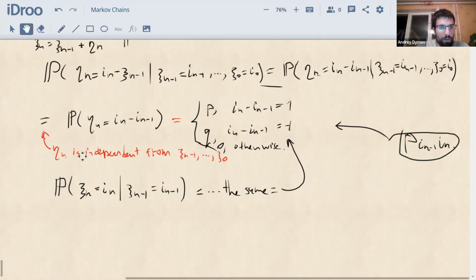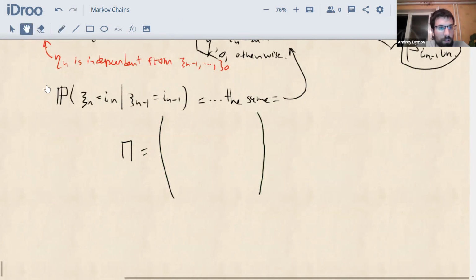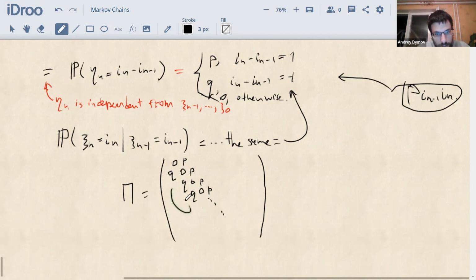So the last thing I want to do is write down the transition probability matrix of a random walk. It has the following form. Look, this should be tridiagonal. The main diagonal is 0, because if they're equal, then I have 0, 0, 0, 0, etc. Above the main diagonal, this is this situation, I have P, and below the main diagonal, I have Q. And everywhere else I have zeros.